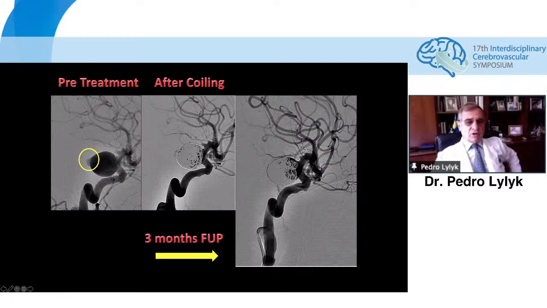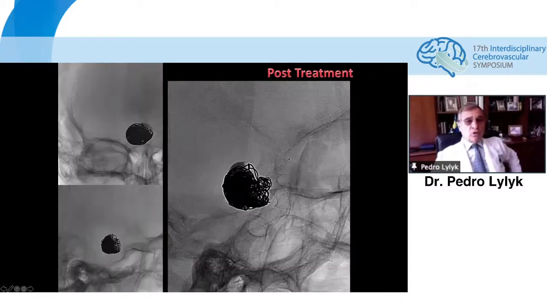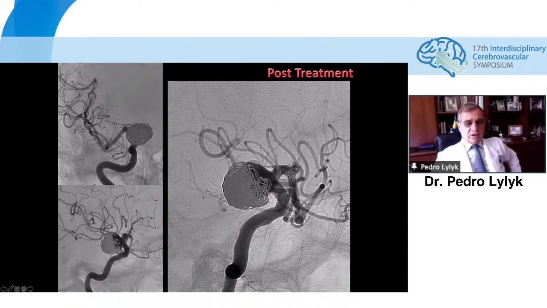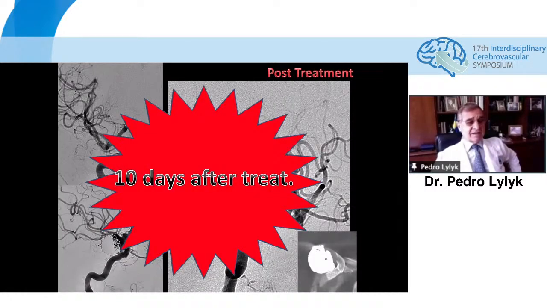But the problem was, you see in the distal portion, the flow still impinged on the wall, and of course the device was implanted very nicely around the artery. But unfortunately the patient bled 30 days right after.